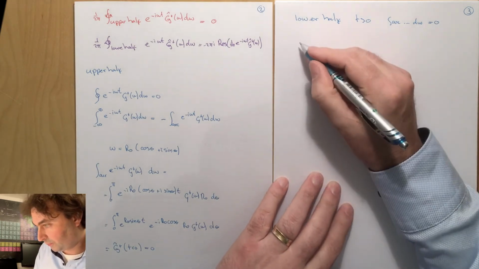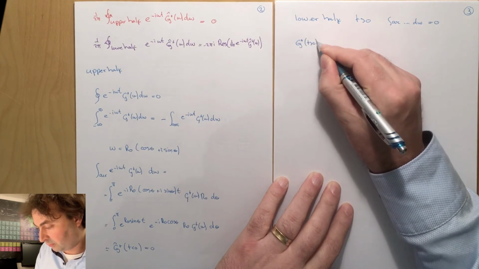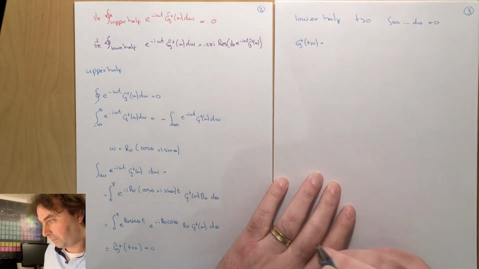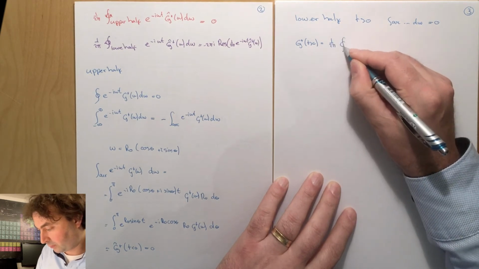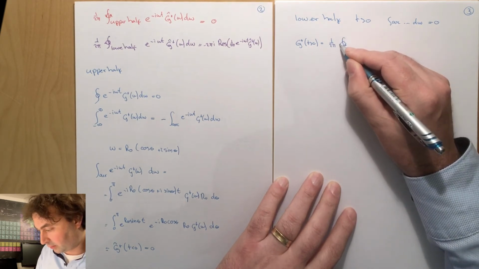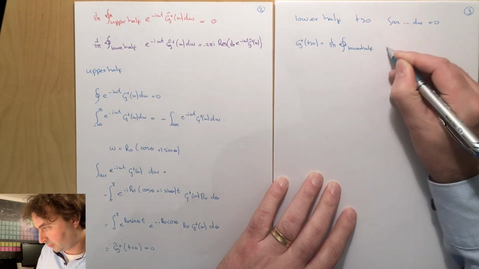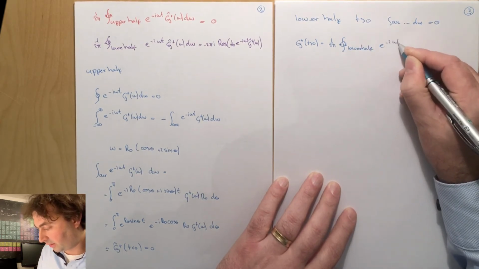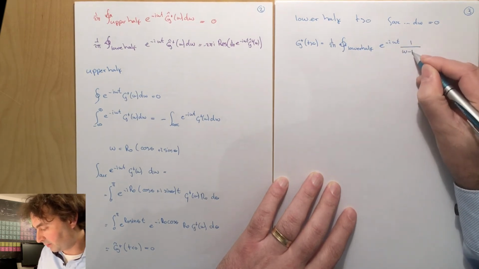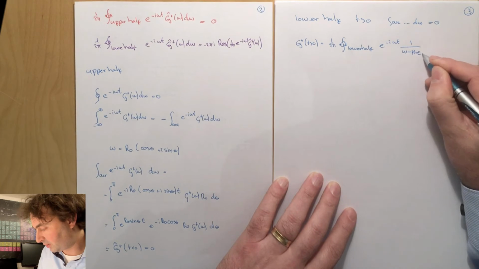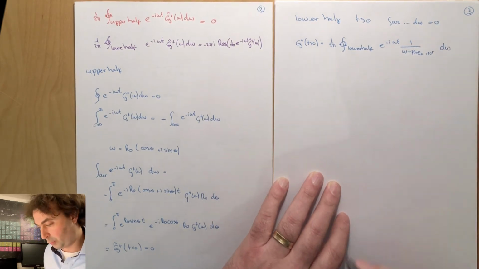So we know that g plus for t larger than 0 is 1 over 2 pi times the contour integral in the lower half of e to the minus I omega t, 1 over omega minus h plus E0 plus I0 plus, d omega.